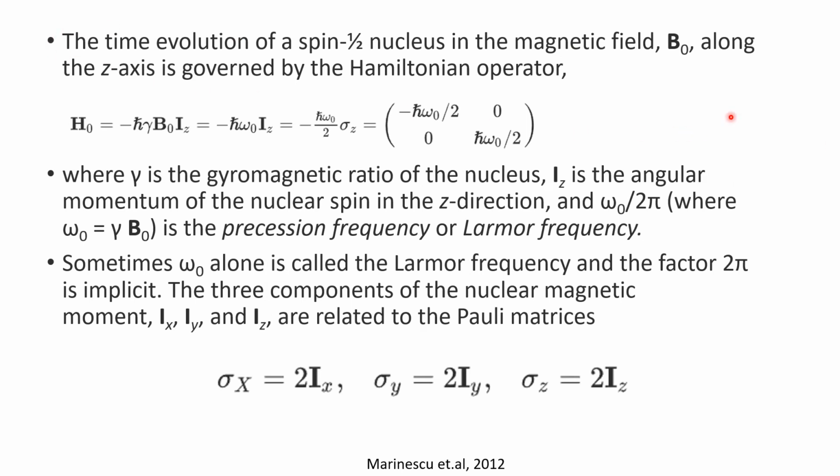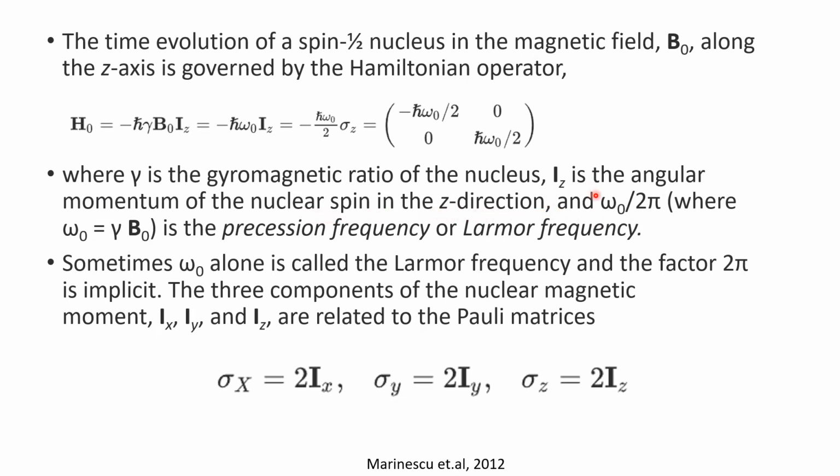We are going to learn some math relating to this topic. The time evolution of a spin 1/2 nucleus in the magnetic field B0 along the z-axis is governed by this Hamiltonian operator. In this operator, the parameter gamma is the gyromagnetic ratio of the nucleus, and the matrix Iz is the angular momentum of the nuclear spin in the z direction.